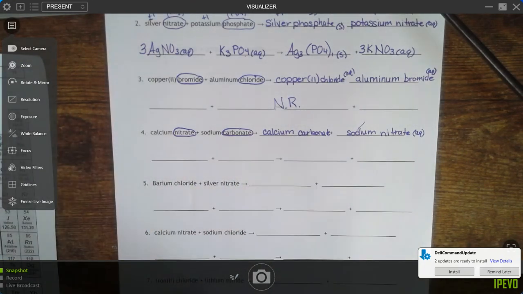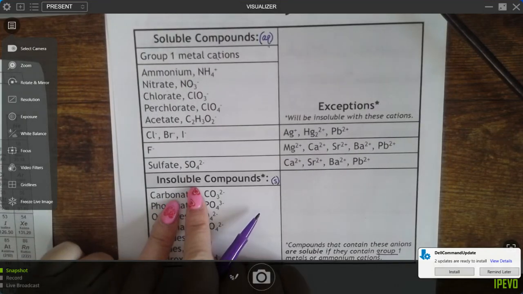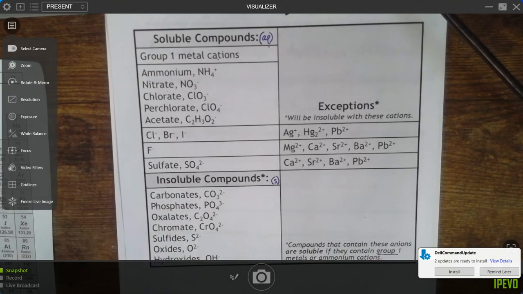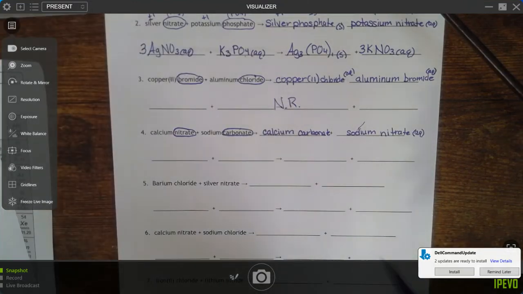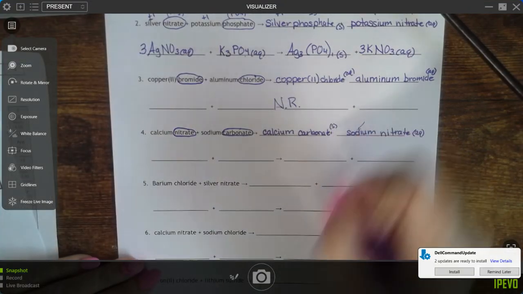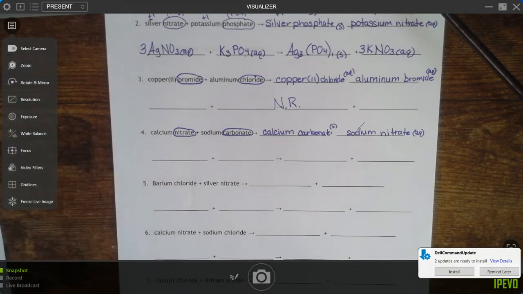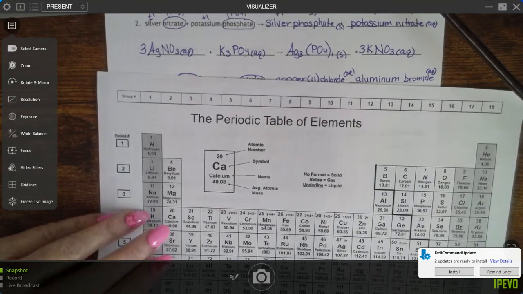And then calcium carbonate. So let's look here. Carbonates are always insoluble except group 1 metals or ammonium. Let's see, what do we have with carbonate? We have calcium. So calcium carbonate is going to be a solid. Okay, so that reaction is going to happen. All right, so we need to look at our periodic table.